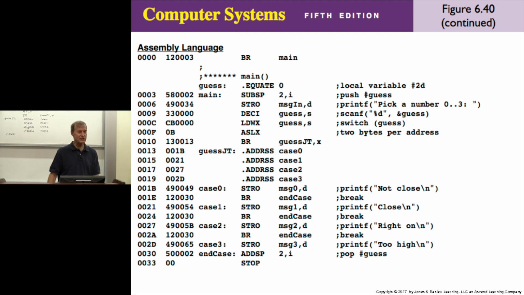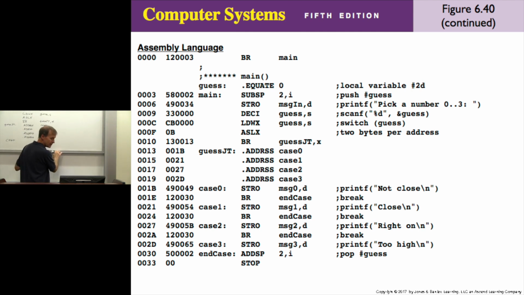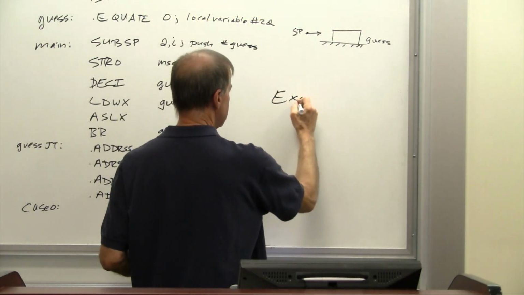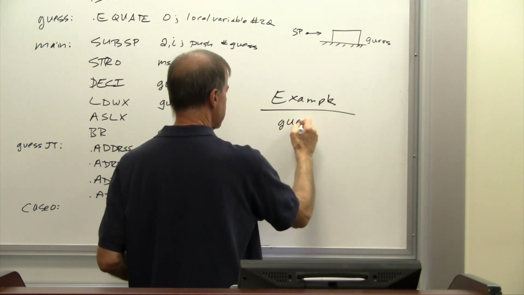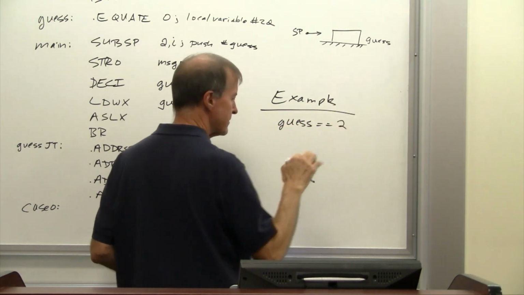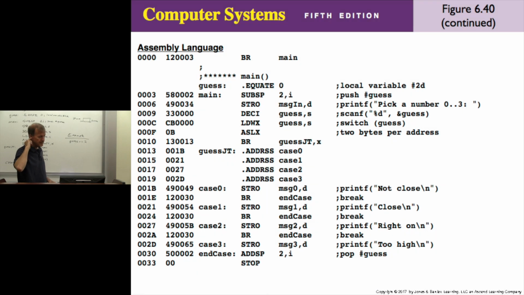Okay, so here let's do a computation to see how this works. Suppose the user entered 2. All right? Suppose the user entered 2. So the value of guess is what? 2. So here's an example. Let's do guess equals 2, and we are on line 000C.